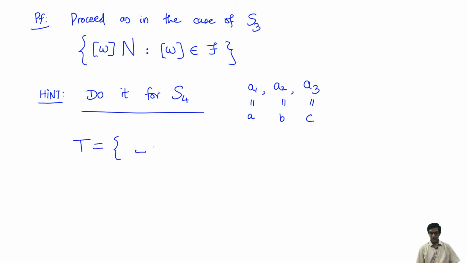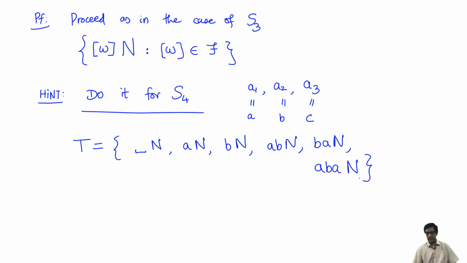Those very same cosets will also be required here: An, Bn, ABn, BAn, and ABAn. Sorry, there is also the trivial coset N. So these 6 cosets were what you need in the case of S3.